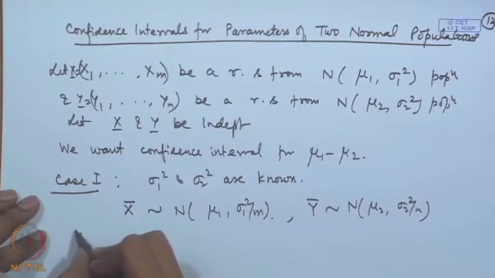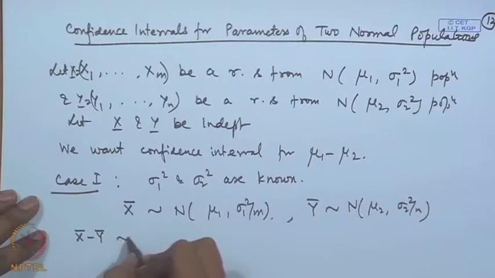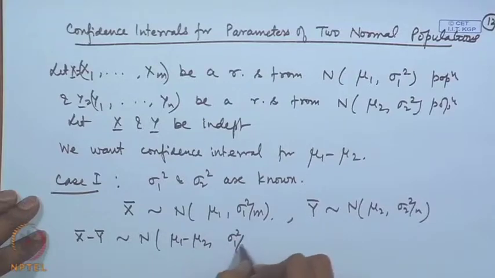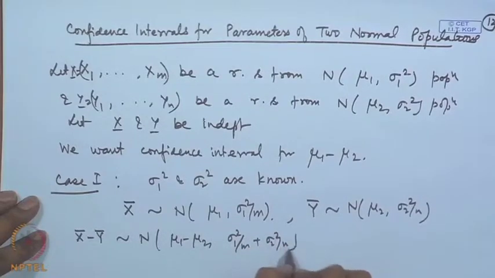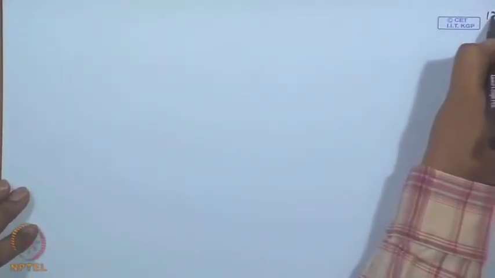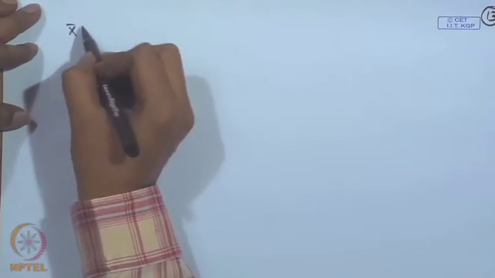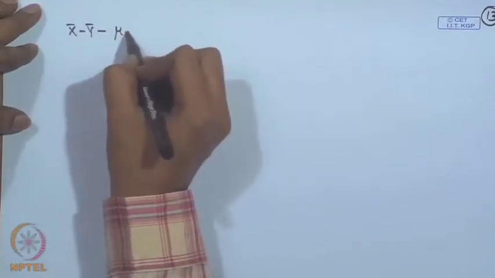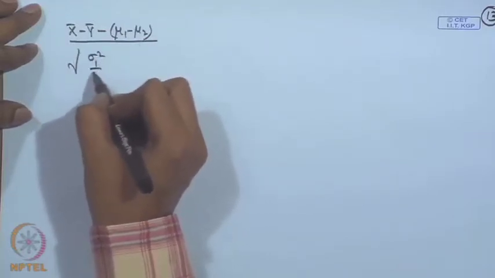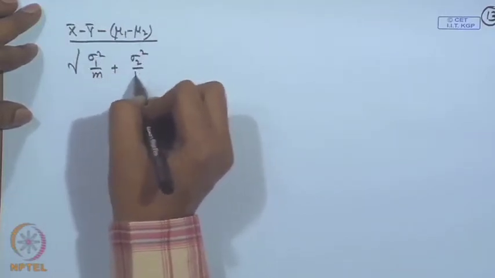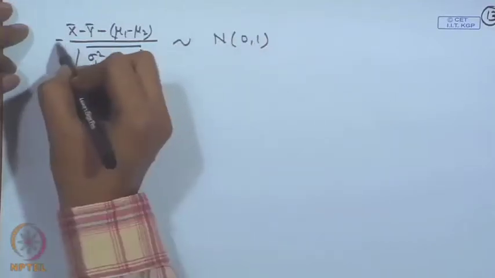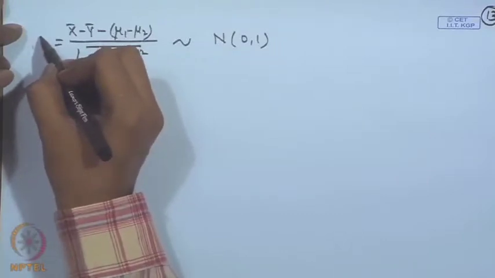So, the distribution of x bar minus y bar is normal(mu1 minus mu2, sigma1 square by m plus sigma2 square by n), and therefore, x bar minus y bar minus (mu1 minus mu2) divided by square root of sigma1 square by m plus sigma2 square by n has a distribution free from the parameters. So, this can be considered as the pivot quantity.